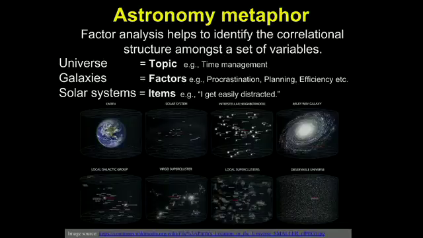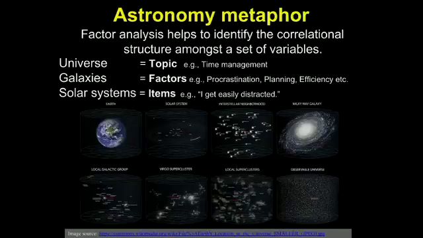Probably my favourite metaphor to think about what it is: if you're an astronomer, the universe is so big that rather than talk about individual elements like individual planets, there's millions, billions, trillions of planets, that's a lot of data to talk about. It makes more sense to group things up into hierarchical categories.